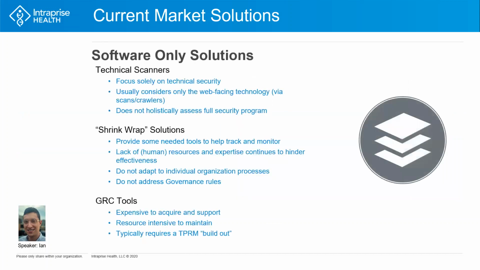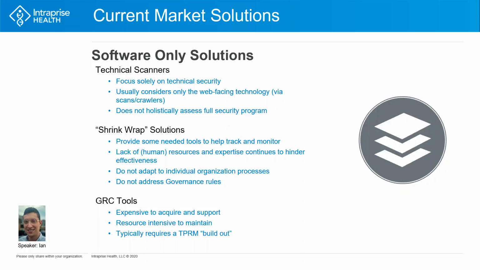Of course, on the other hand, we have software-only solutions, and there's kind of three different primary categorizations of these I've listed out here. I'll start off with technical scanners. These are products that are much like vulnerability scanners in that they will utilize a purely technical means to evaluate the security posture of an organization, specifically as it relates to their technical infrastructure.